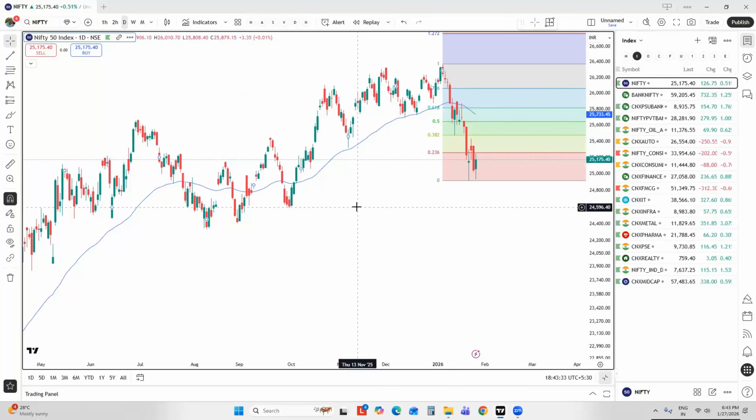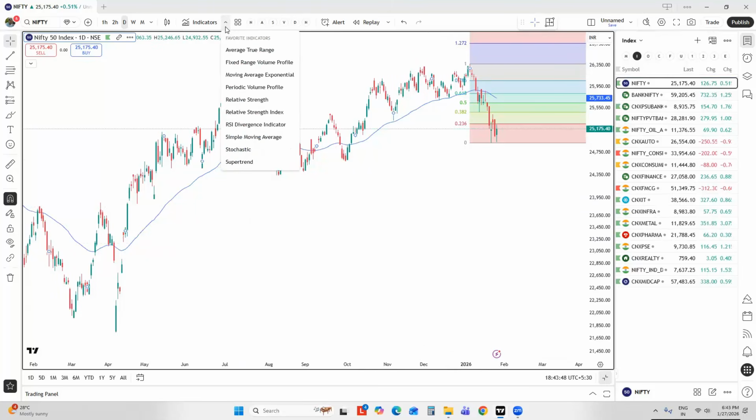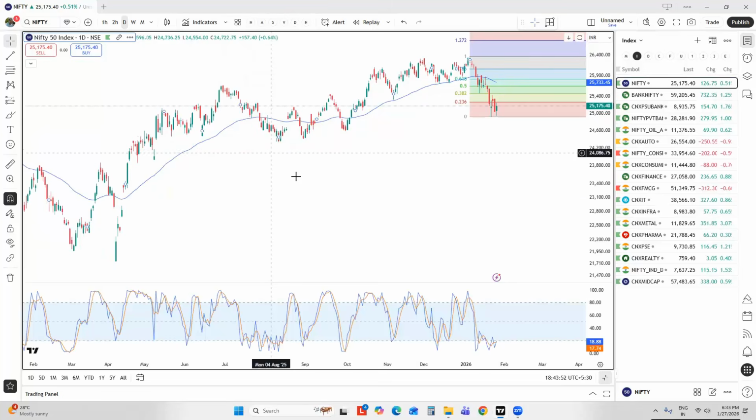I am using 55 because it's a Fibonacci number, and I don't want to use a very big parameter like 200, and not a very small one like 10 or 5. So I'm using 55. The second indicator which we are going to use is stochastics.